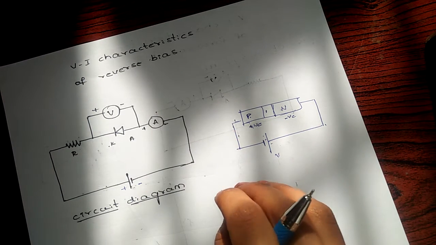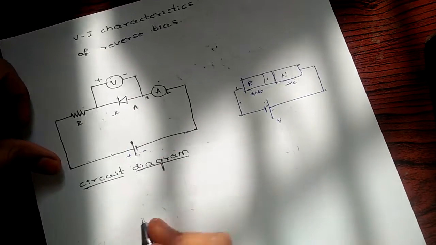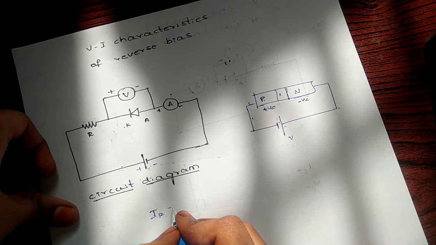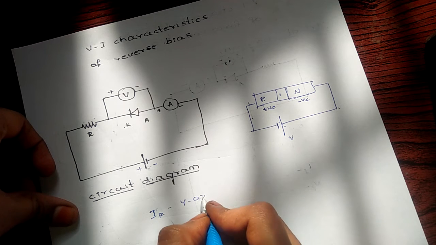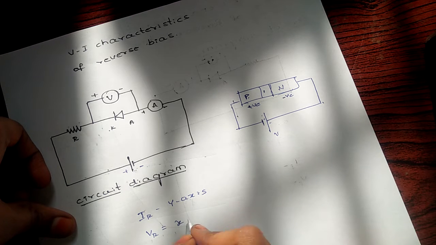Then what is breakdown voltage? Let me also tell about that. See, we take IR, the reverse current, on the y axis and the reverse voltage, VR, on the x axis.